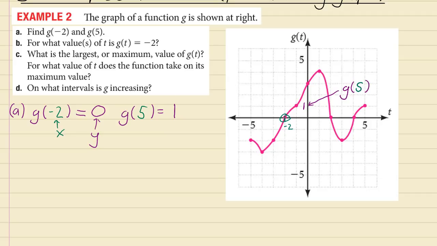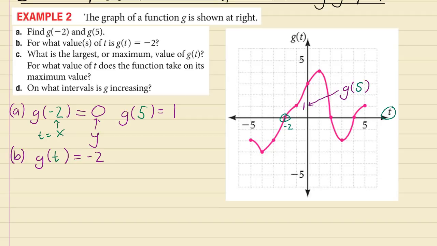Okay, so that's A. For part B, for what values of t is g of t equal to -2? And remember, maybe I shouldn't actually be calling this x here because it's really the t-axis in this case, but you can call it x if you want to. So for part B, we want to make g of t equal to -2.